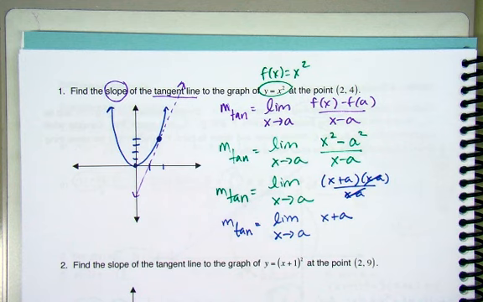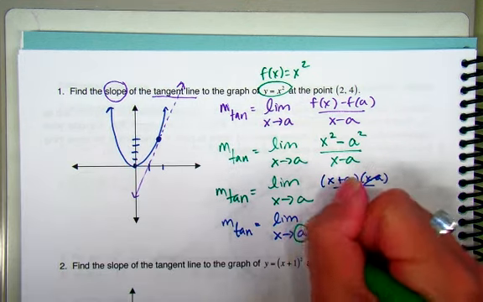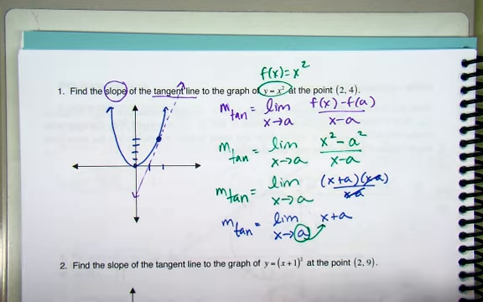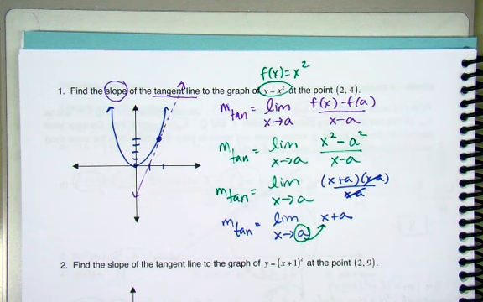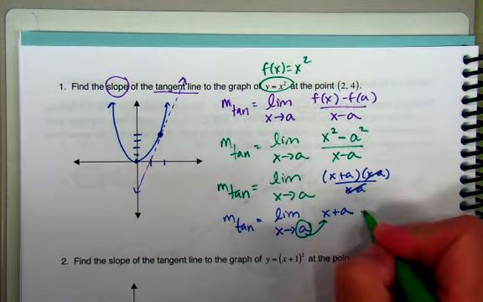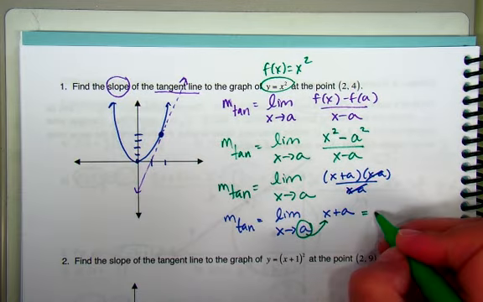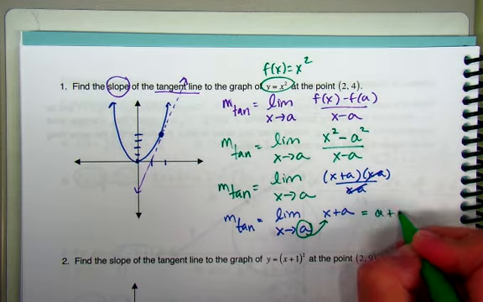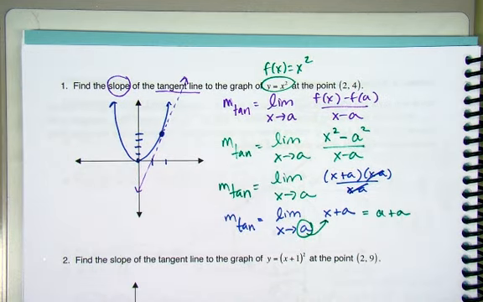And I know you might be thinking, I still don't get why we're doing that. That's okay. Just hold on. Just follow the steps. Take the a, plug it in there. Because again, x is getting really, really close to a to the point where they are the exact same value. For all intents and purposes, they're the same thing. So when I plug it in there, what am I going to get? When I plug in an a, I get a plus a, right?